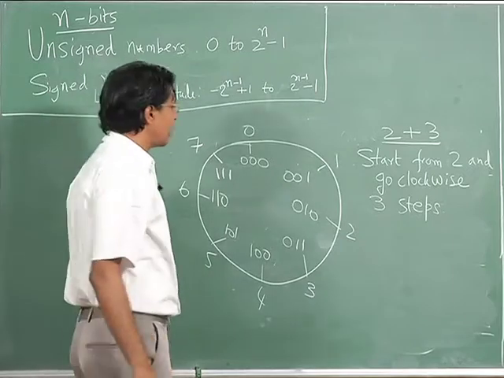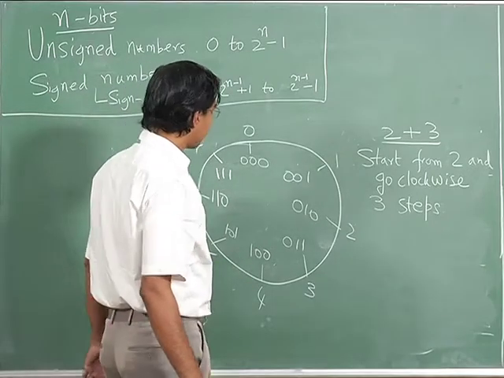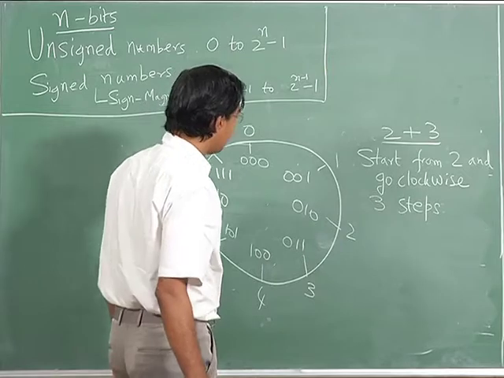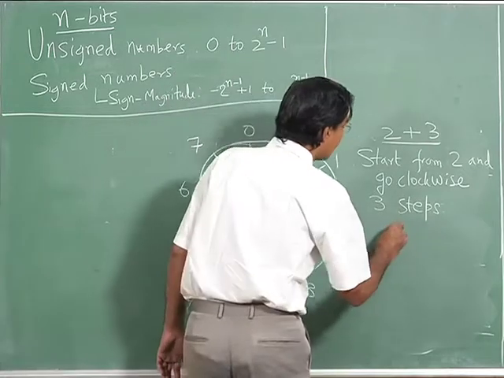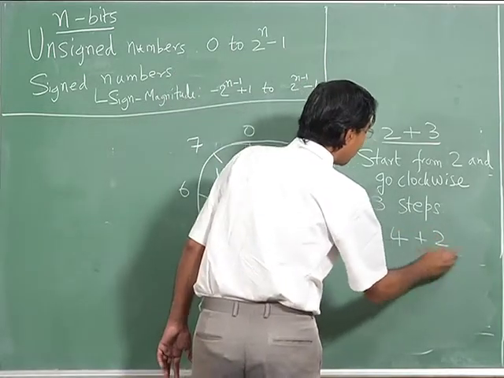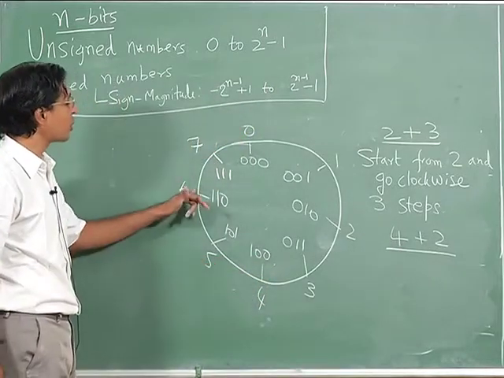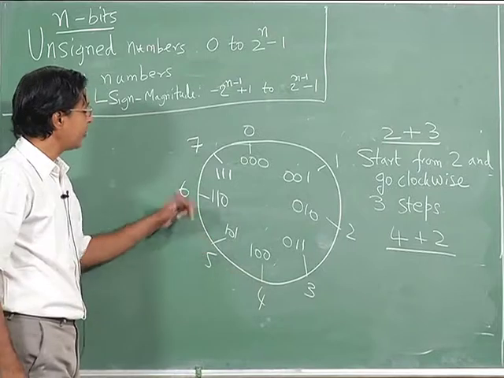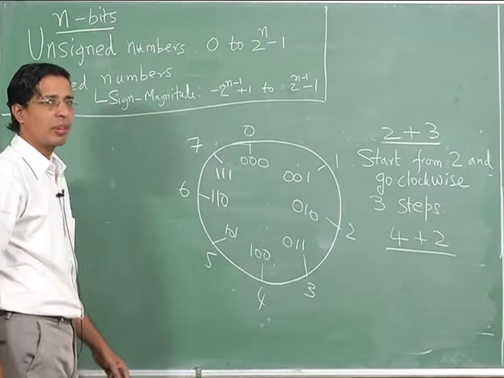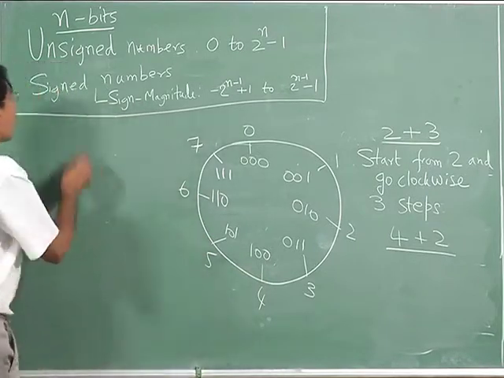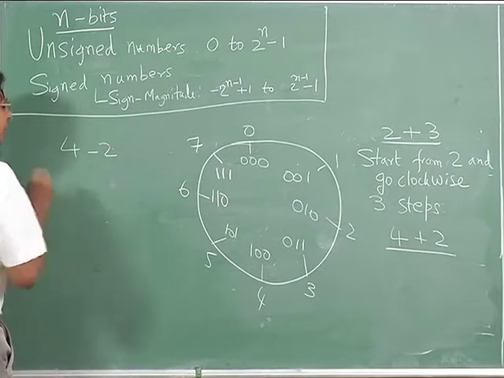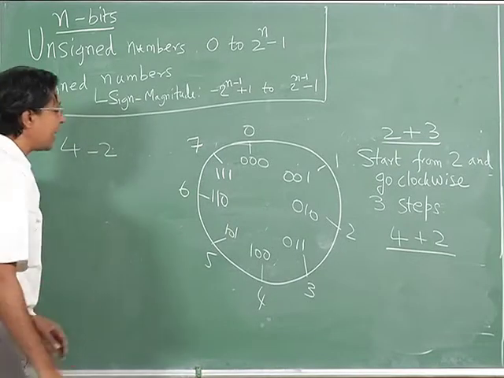Let us do another one. Suppose I want to do 4 plus 2. I start from 4 and go 2 steps clockwise: 5, 6. Similarly, if I want to do 4 minus 2, the same circle can be used.